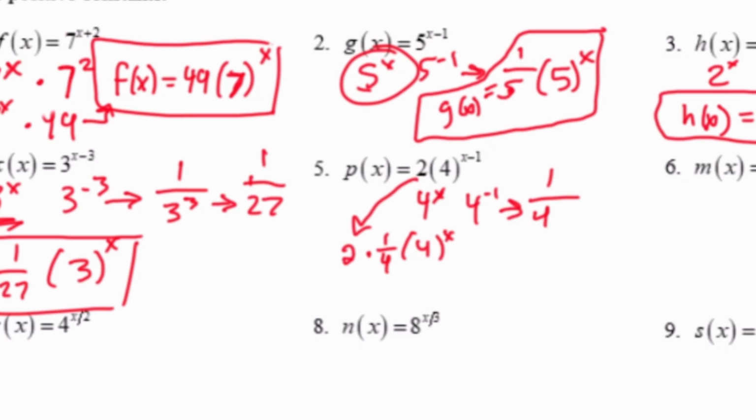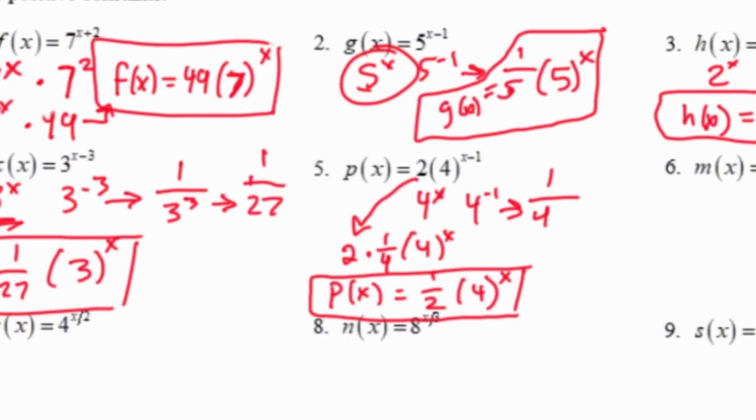Times 2, and 2 times 1 over 4 is just 2 divided by 4, which is 0.5, because 0.5 plus 0.5 plus 0.5 plus 0.5 is 2. And so the a variable is 1/2. So 1/2 times 4 to the power of x, that's our answer.